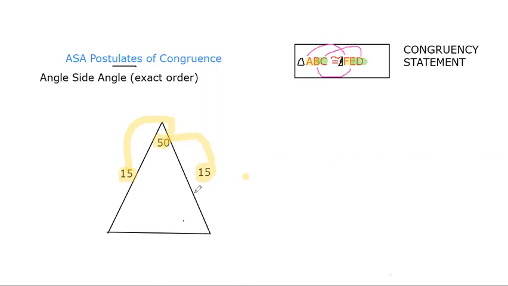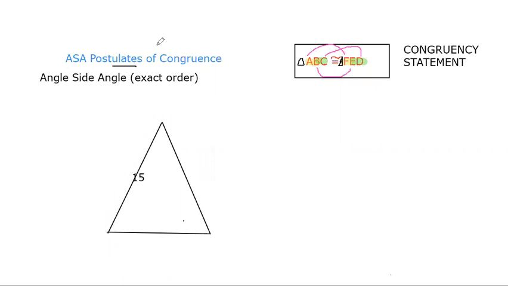Side, angle, side. Now, if I have that, all I have is a side, side. If they've given me this measure, what I have is side, side, side.